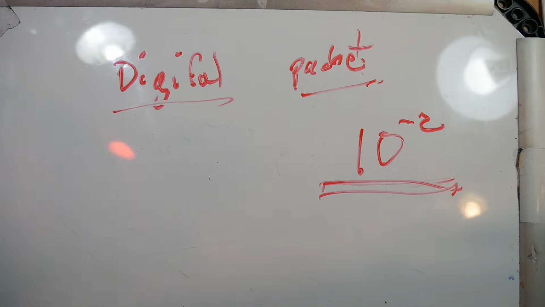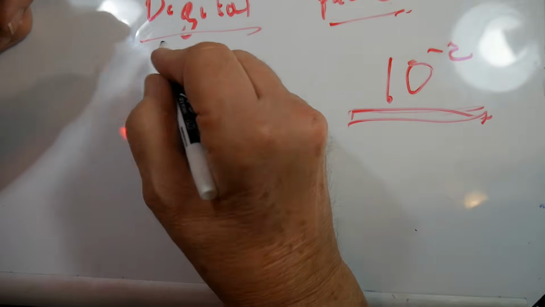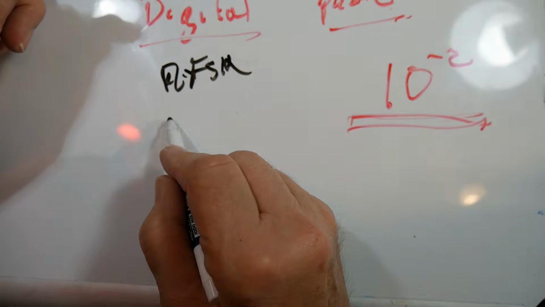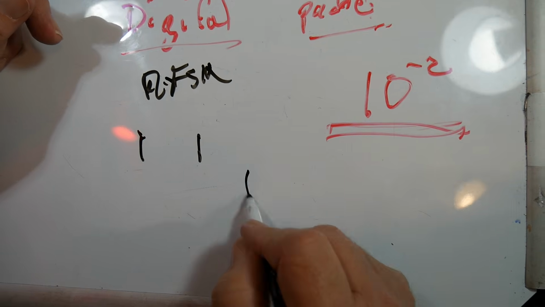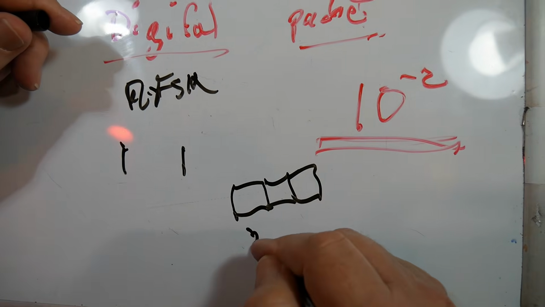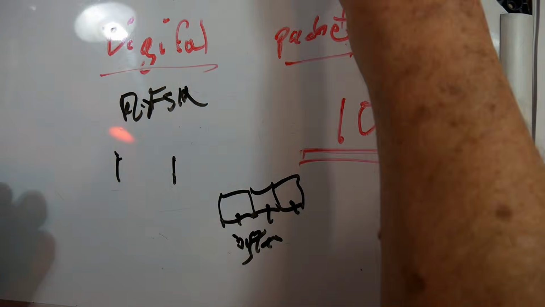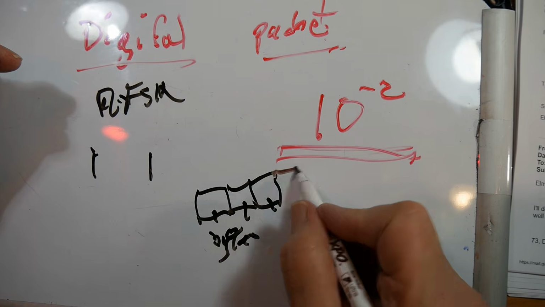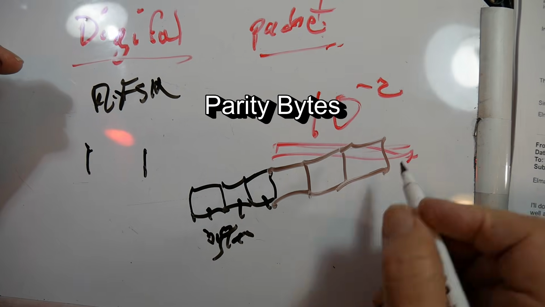Then they came up with something called AMTOR, which was sent audio frequency shift keying and would go back and forth between two. But it had a very weird structure. It would send 3 characters, 3 bytes, and then it would tack onto that 3 parity bits.